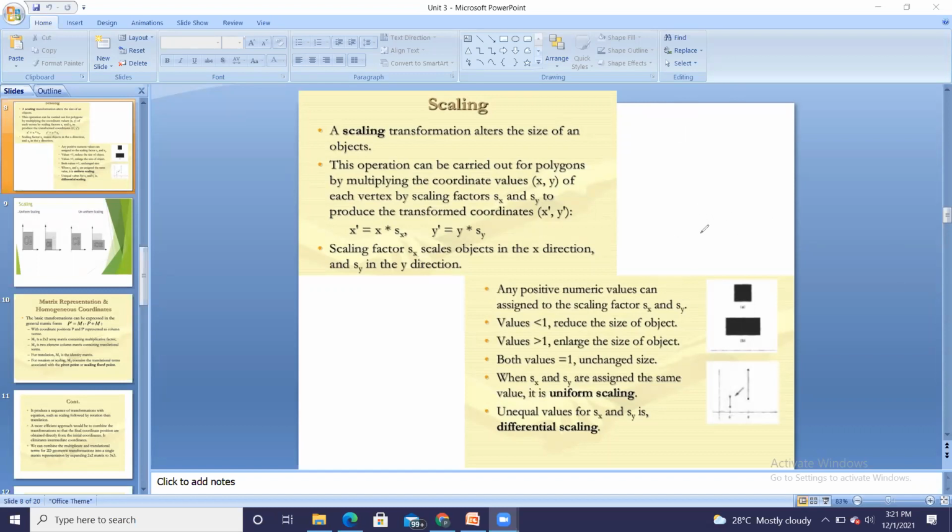Now, if I want to enlarge the size of the object in x direction only, and in y direction I want to keep the object as it is, that means I want to change it along x-axis, but y should be as it is. Then what will happen? If I want to keep y as it is, what should be the value of Sy?